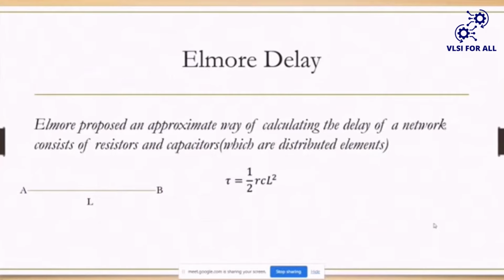Guys, here, as I said, the interconnects are metal wires. That metal wire or connection could be a data connection or a clock connection. Let us take, in general, an interconnect having a length capital L. Between points A and B, there are some distributed resistances and capacitances.